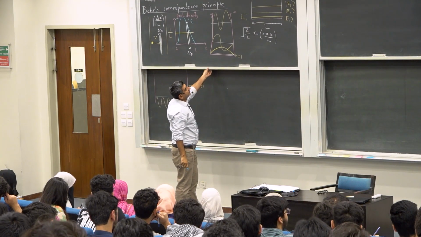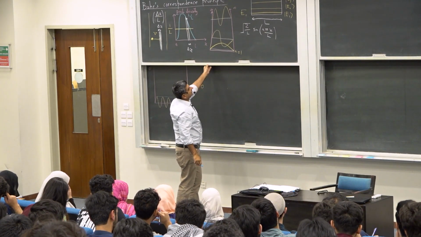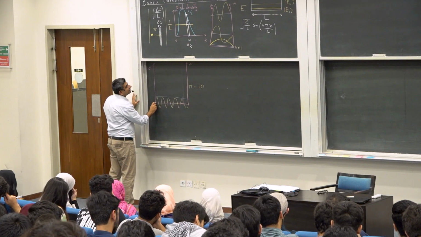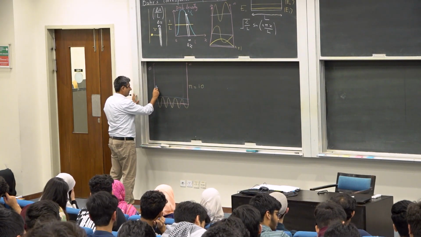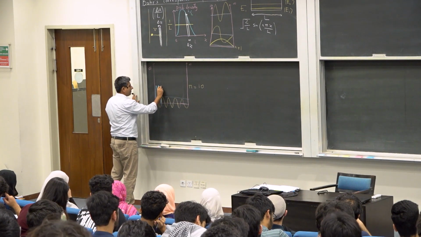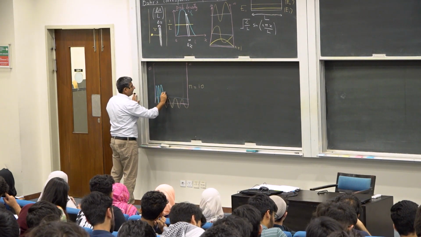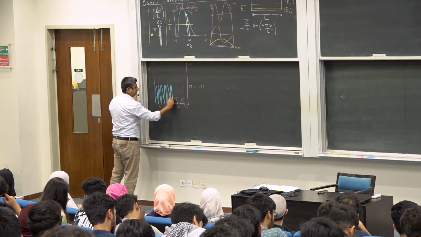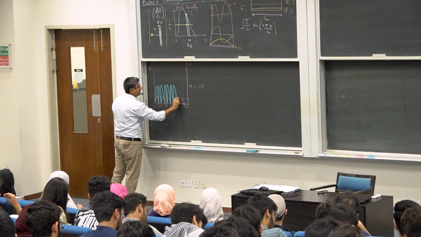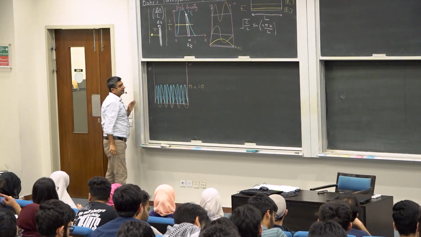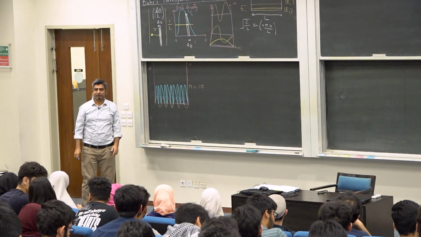And the modulus square will look like this. Equal height, right? This is what the probability density function is going to look like.